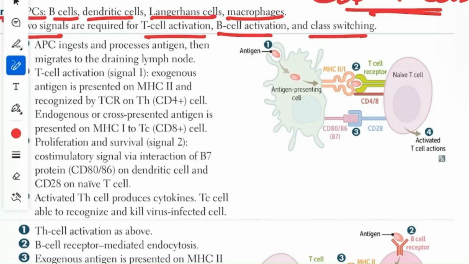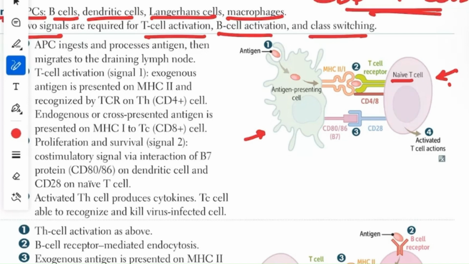So from what I said earlier, from that diagram, the antigen presenting cell has come into the lymphoid organ and has met the T cell. So this is your antigen presenting cell. This is your T cell. And when you hear the term naive cell, I'll use a complex term and explain it.